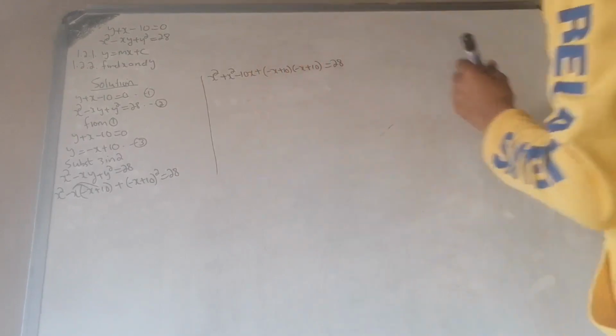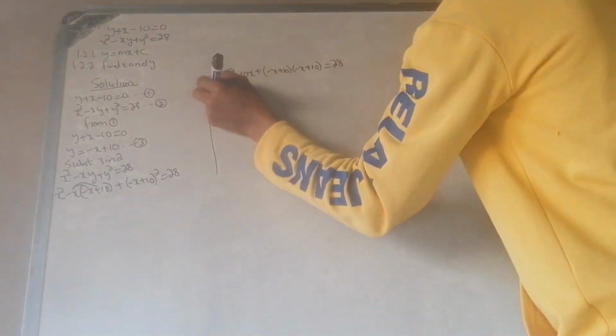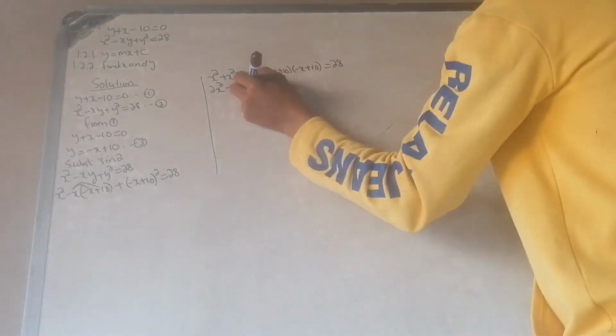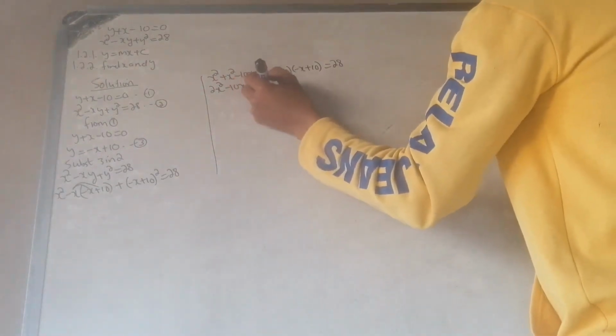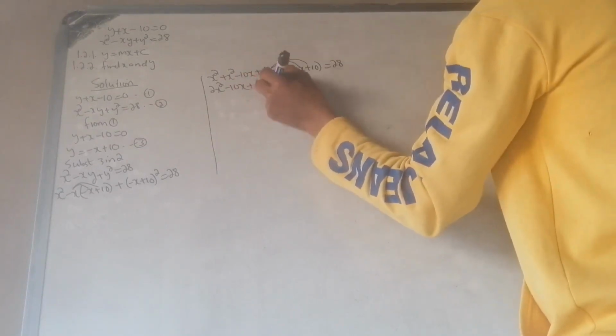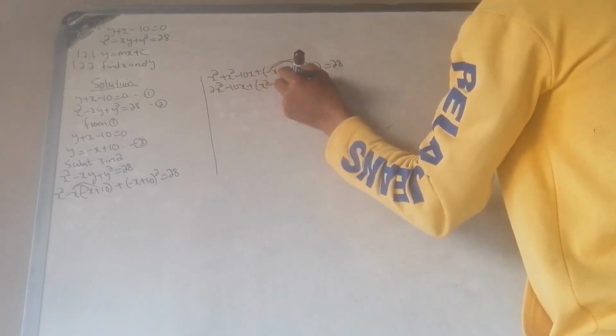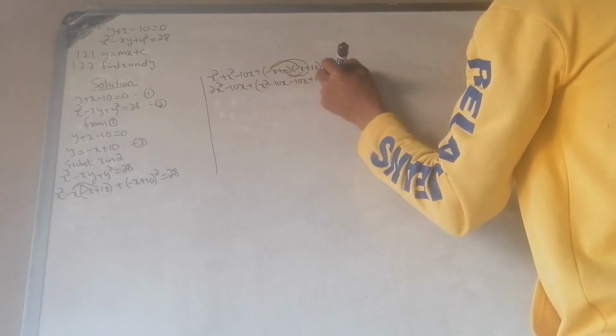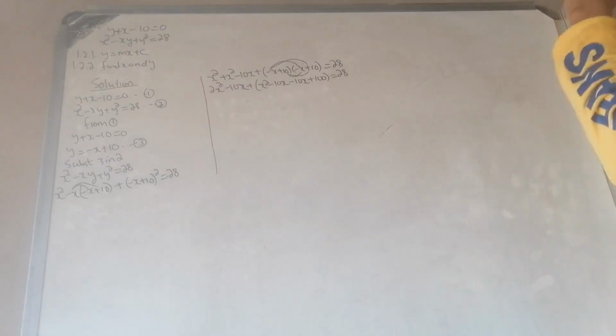Equate this to 28. These are like terms. The answer is 2x squared minus 10x plus x squared minus 10x minus 10x plus 100 equals 28.